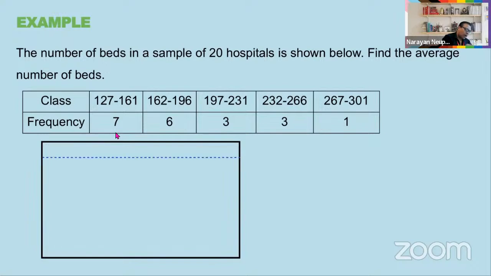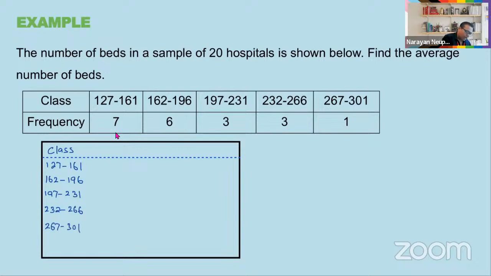So I'm going to write those classes. We have 127 up to 161, 162 up to 196, 197 up to 231, 232 up to 266, and then 267 up to 301, right?